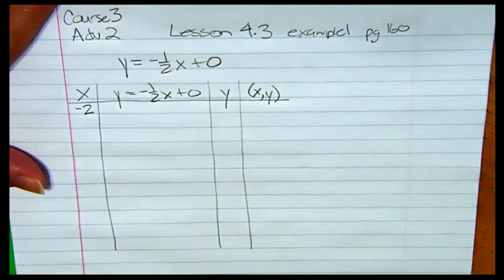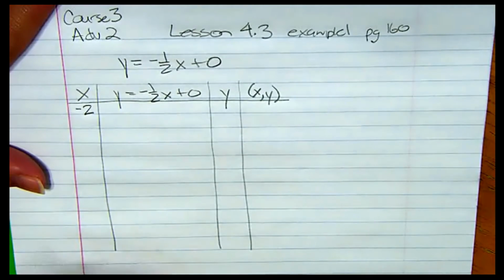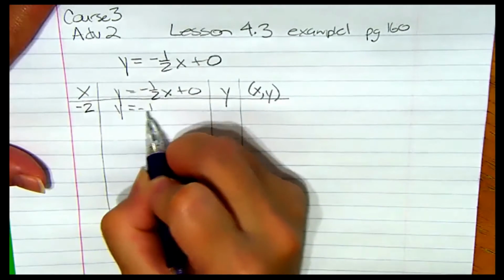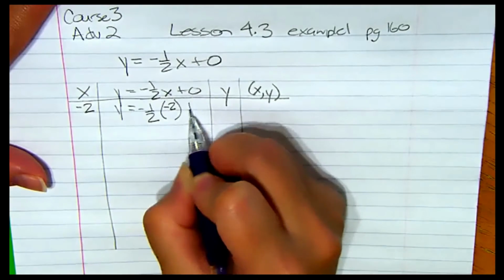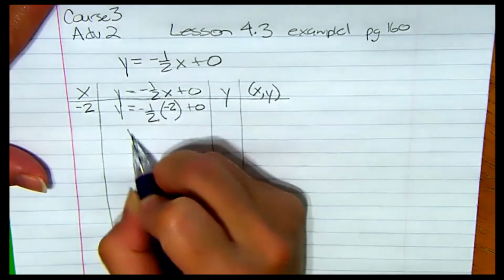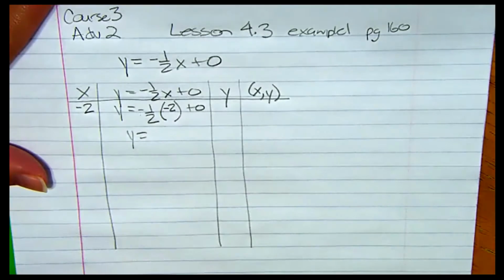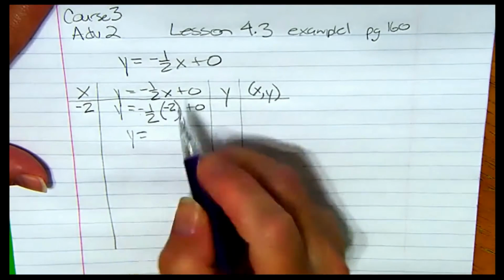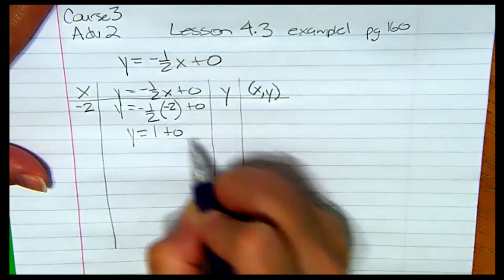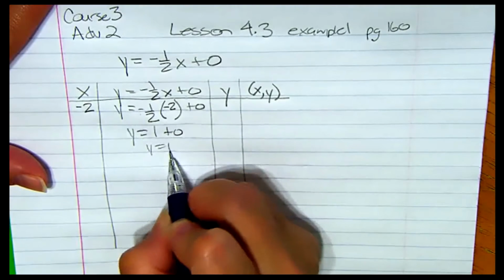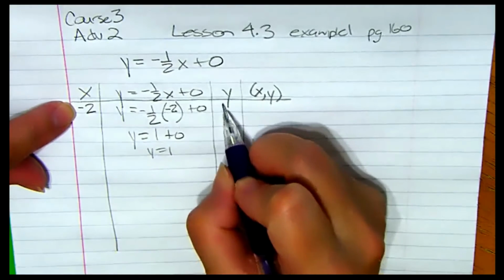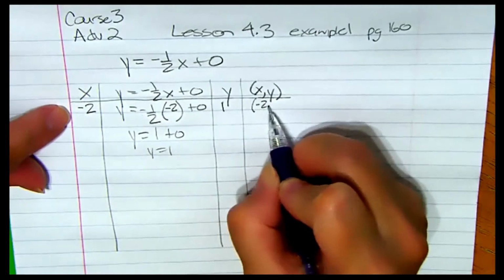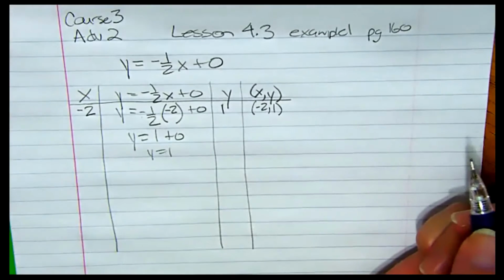So I'm going to use negative 2, and substitute negative 2 for x. A negative and a negative is positive, and 1/2 of 2 is 1. 1 plus 0 is 1. So if x is negative 2, y is 1, and our ordered pair is negative 2, 1.